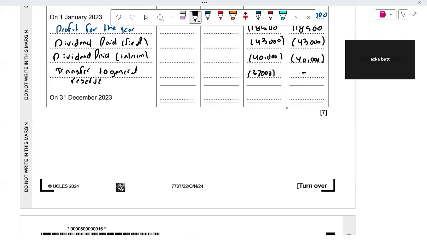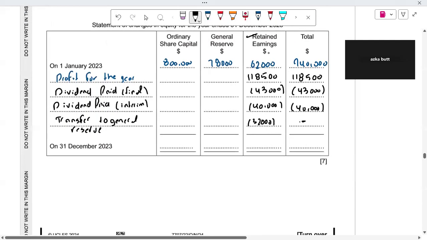We will not deduct it from the total, because the general reserve, which is $32,000, we will deduct it from the retained earnings, because from the retained earnings we are keeping it aside, but it is not going out from the business. That's why we will not deduct it from the total.